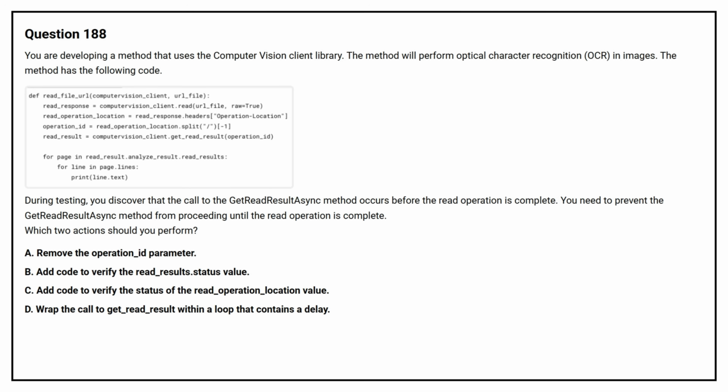During testing, you discover that the call to the getReadResultAsync method occurs before the read operation is complete. You need to prevent the getReadResultAsync method from proceeding until the read operation is complete. Which two actions should you perform?